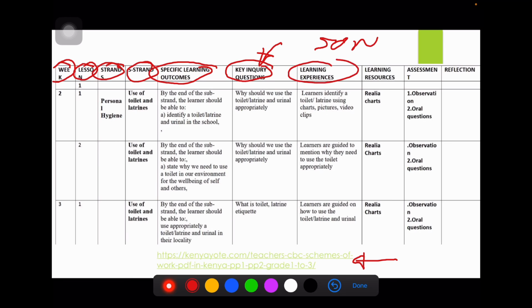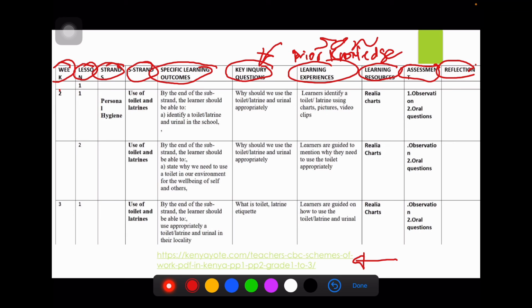And then learning experiences. Learning experiences will be the prior knowledge. Some schools use learning experiences, we use prior knowledge. Learning resources is the resources and materials. What kind of assessment are you doing or the students will be doing? And reflection will be for the teacher.